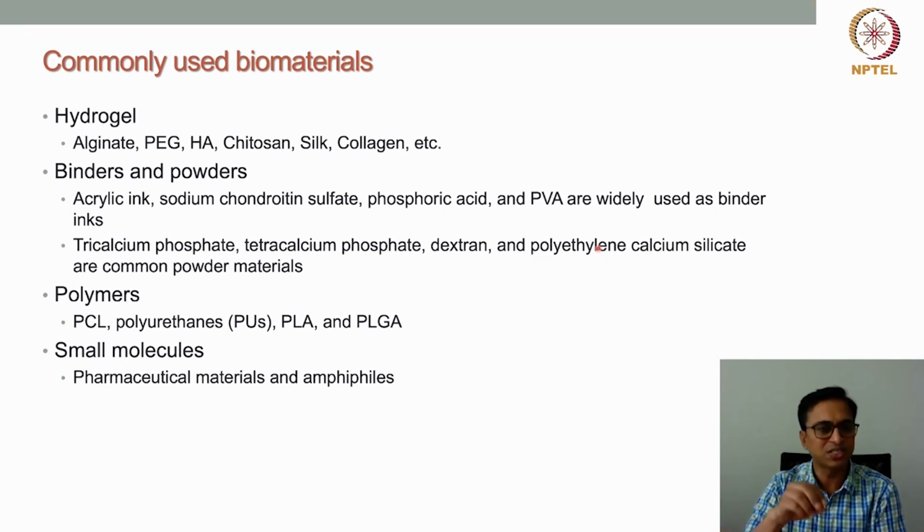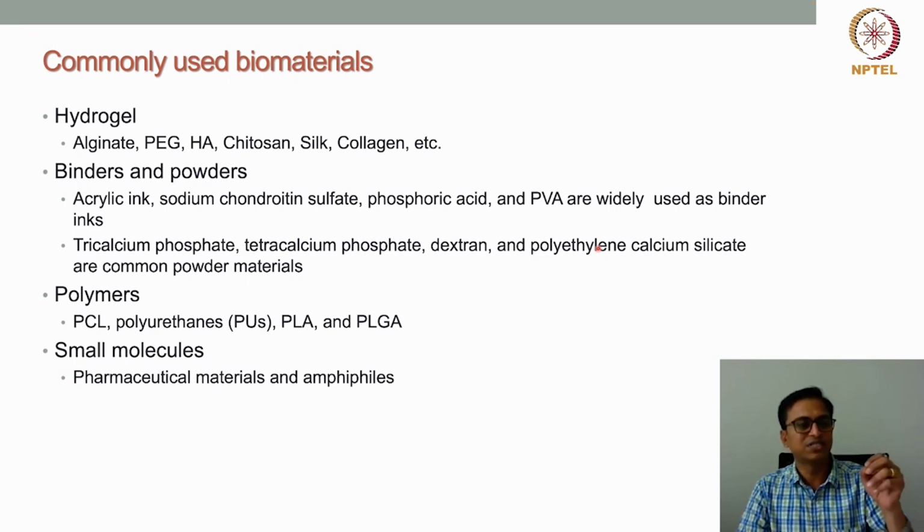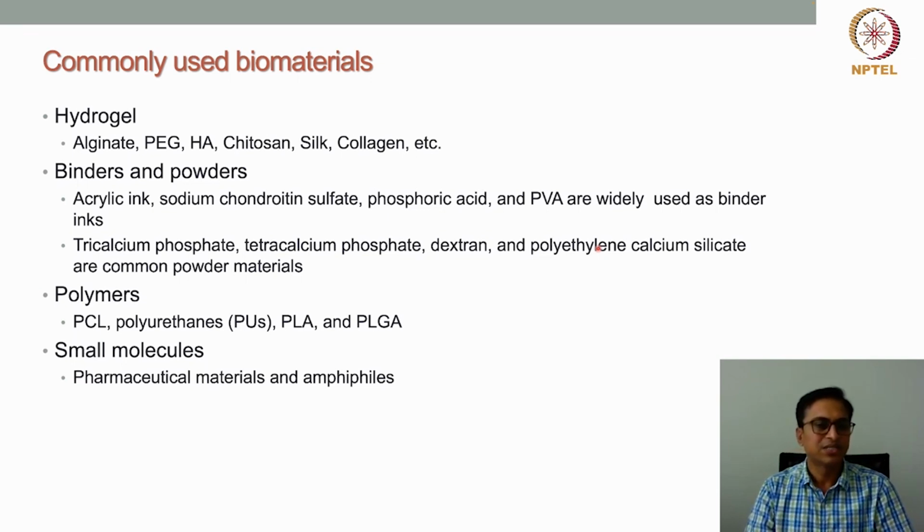As soon as this aqueous or organic liquid medium touches the powder bed where the binders are already pre-mixed, it will dissolve the binder, and then the binder will bind the powders. Or the other way is, we can directly generate the binder droplets from the binder solution, and then that can be used for making 3D structures.